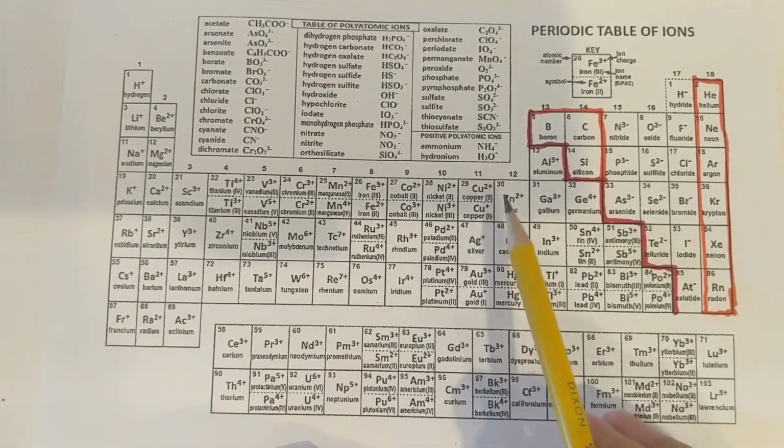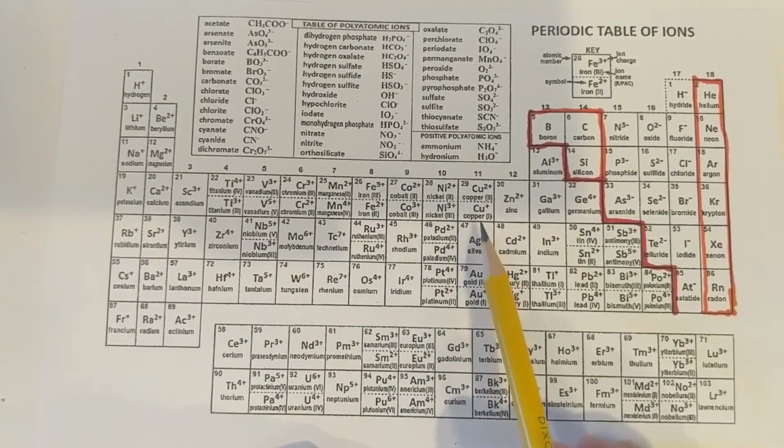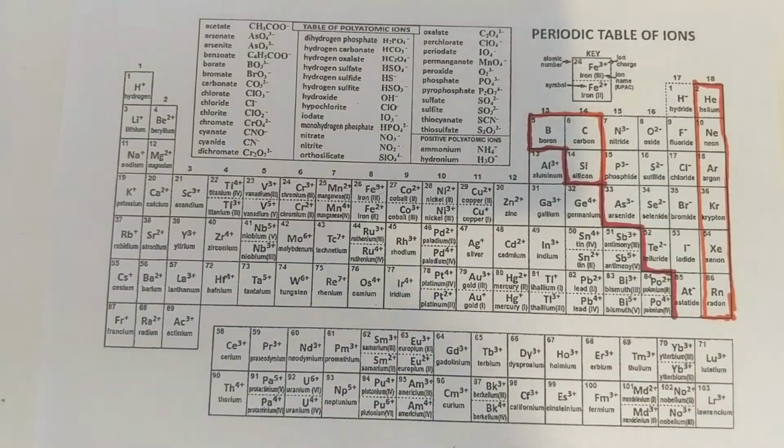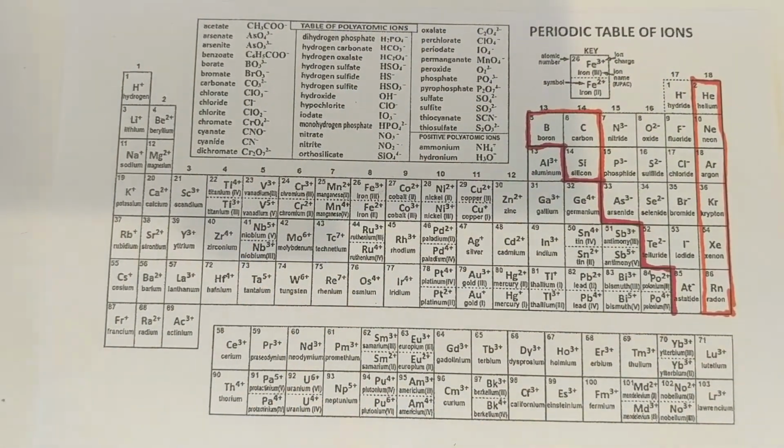Copper can be +2 or a +1 ion. And something like titanium can be a +4 ion or a +3 ion. You can see there's a lot of elements all around that have more than one type of ion that they form.